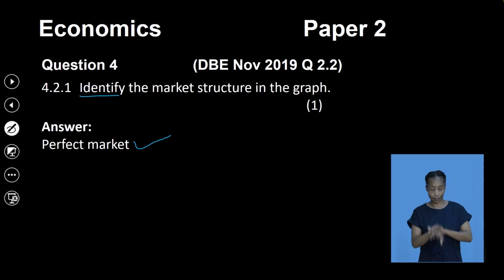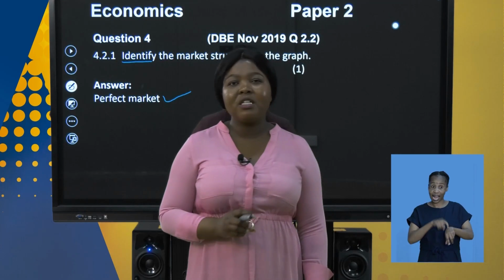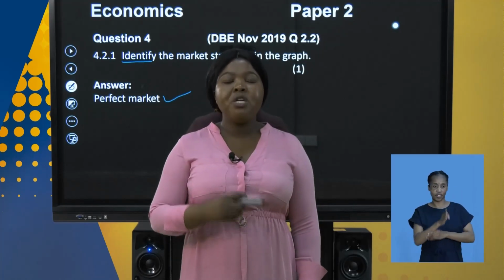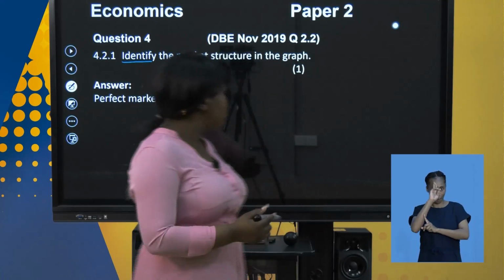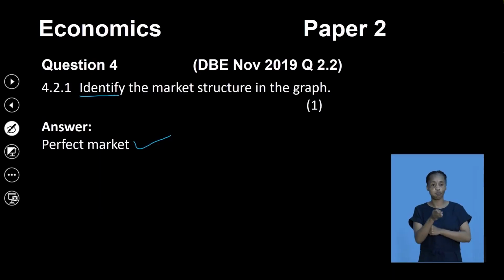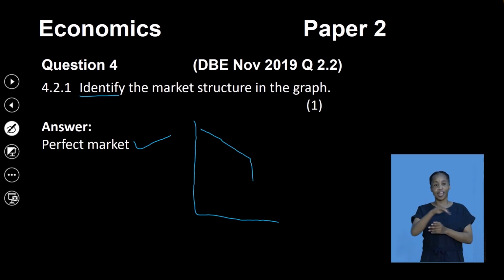In most cases, you need to be able to identify a market structure from given graphs. So when you are given a graph, you need to have some defining item that makes you remember what kind of market structure this is. In the case of this graph, because the demand curve is horizontal, you would know that it is a perfect market structure. If you were given a demand curve like this, you would know that this is an oligopoly because of this demand curve.